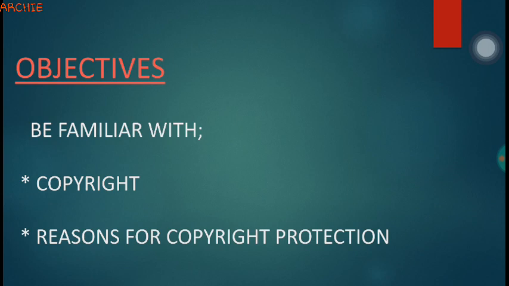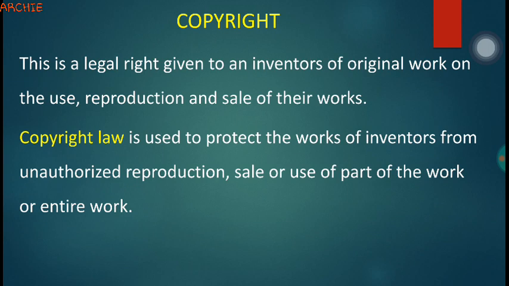reasons for copyright protection. Now, when you say copyright, this is a legal right given to an inventor or inventors of original work on the use, reproduction, and sale of their work. Copyright law is used to protect the works of inventors from unauthorized reproduction, sale or use of parts or the entire work.